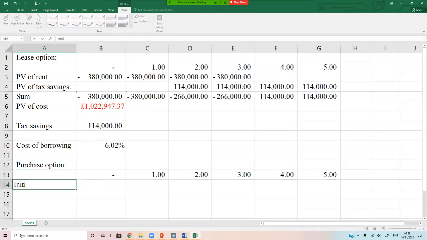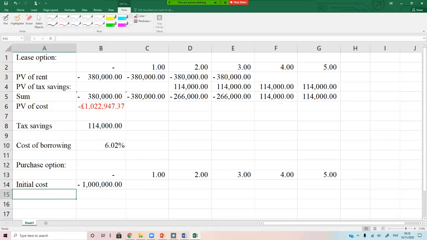If you buy this technology, how much do you pay? You pay $1 million in year 0.